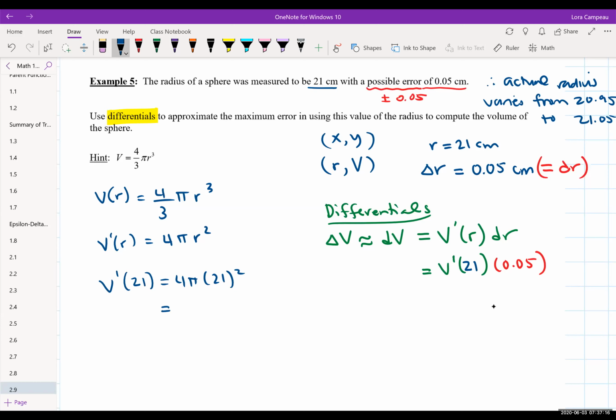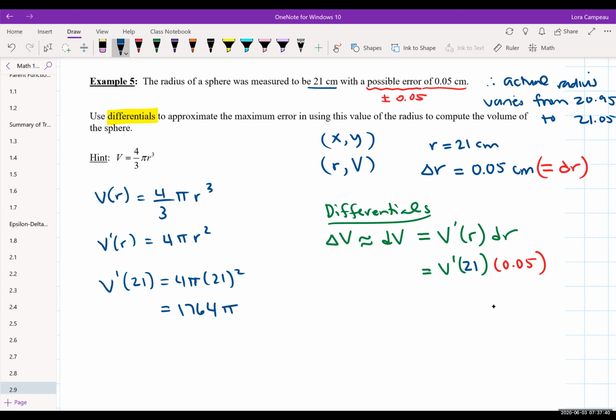If we want to be exact, let's keep pi in the situation until we actually have to approximate at the very end. Don't cut off too soon. So 21 squared, I gotta punch that in. My brain is hurting right now. That's 441 times 4, so it's going to be 1764.